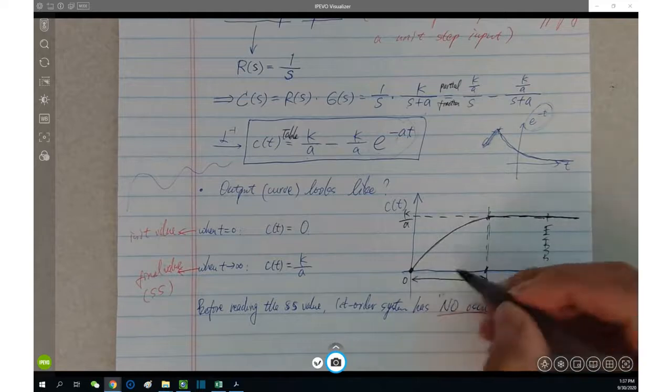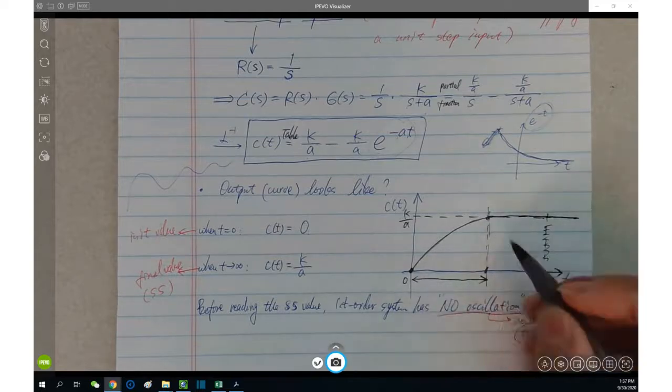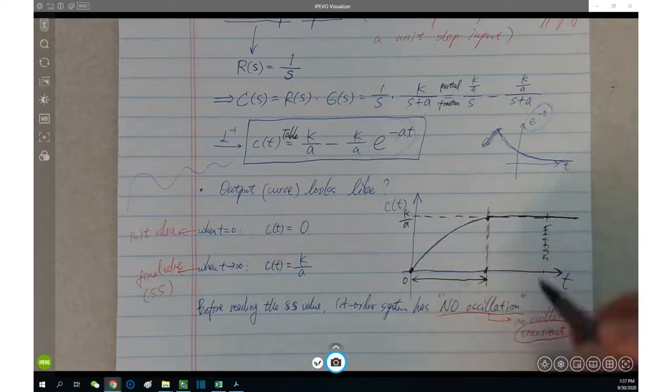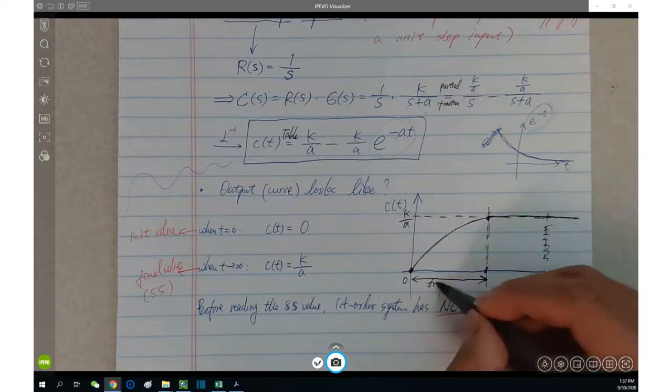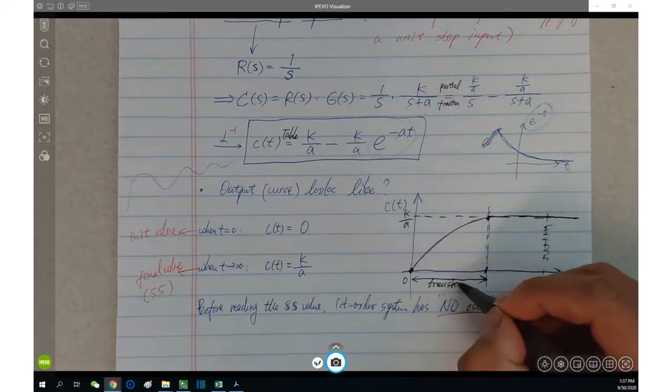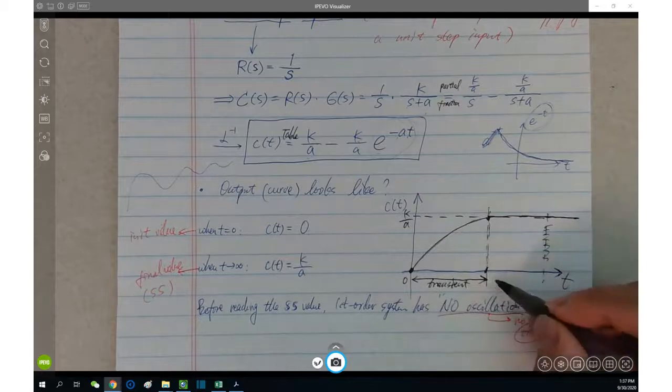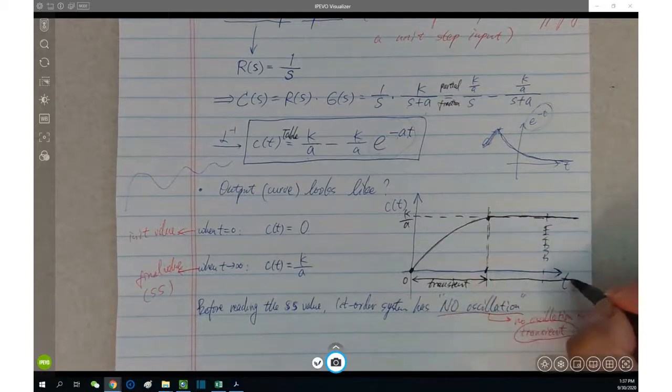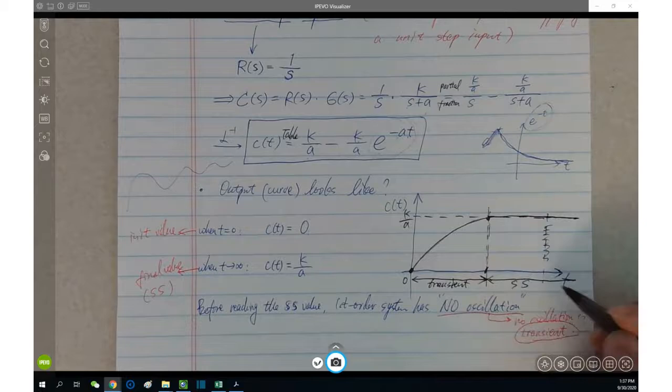Before it, from the beginning up to this time moment, it's transient, right? Transient. From then on, just steady state. Right?